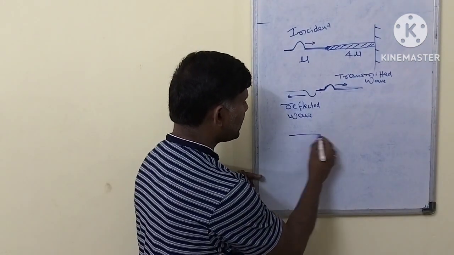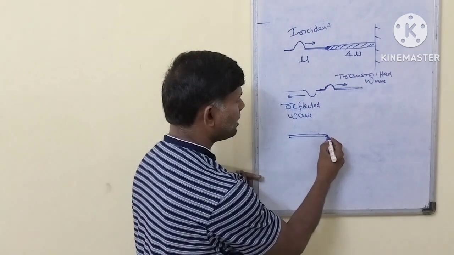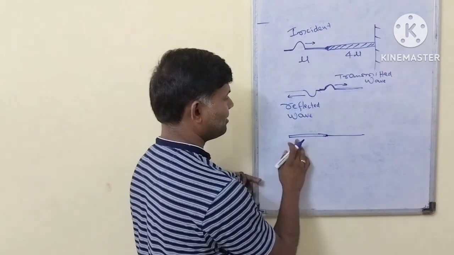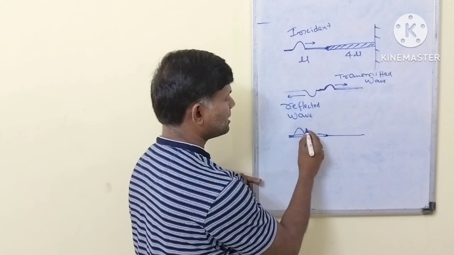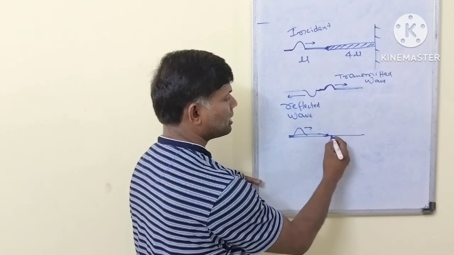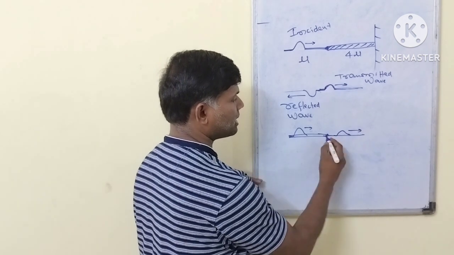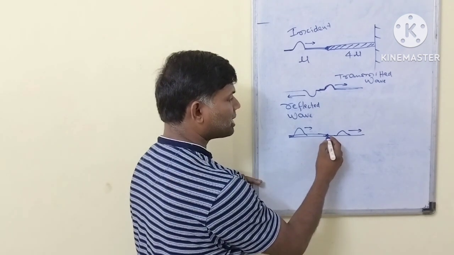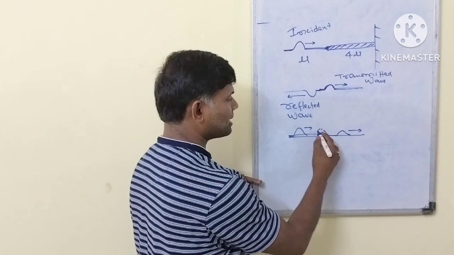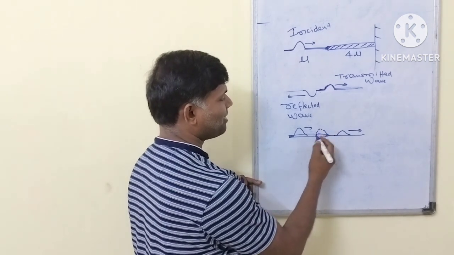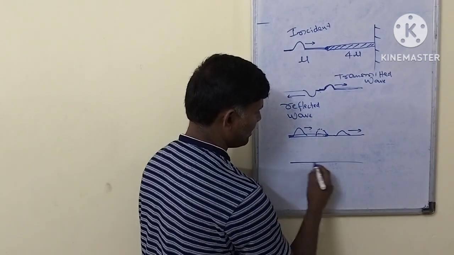In the other case, you take the denser string first. This is the boundary, and this is the lighter string. When the pulse moves like this, at this junction some part is transmitted like this and goes along this direction. Here the reflected wave will be in the same phase, like this.